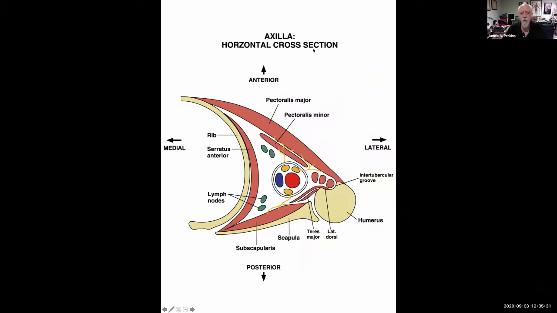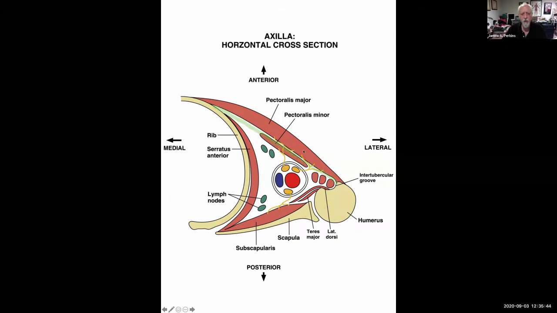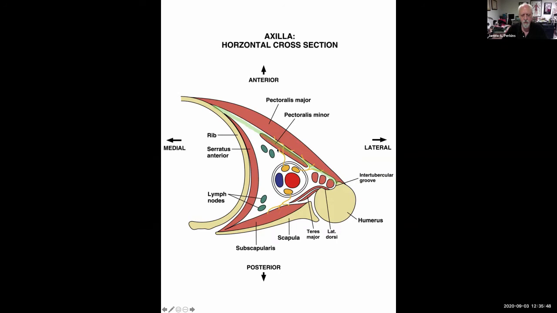So I'm going to get my little drawing tools here. The axilla has an anterior wall or anterior boundary formed by the pectoralis major and pectoralis minor muscles. Those are the ones I said we have to reflect out of the way in order to be able to see into this space.